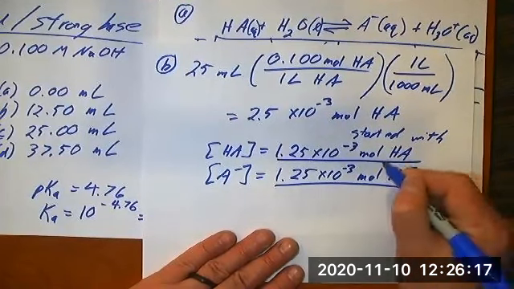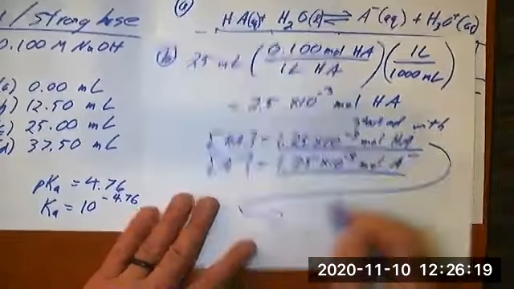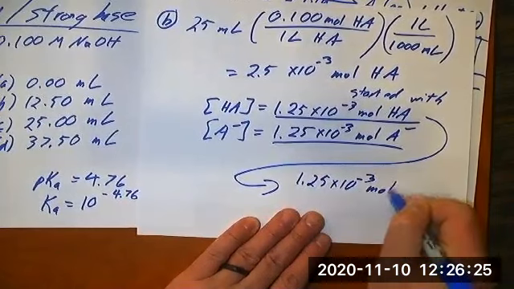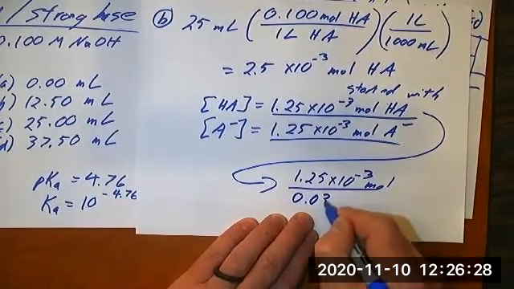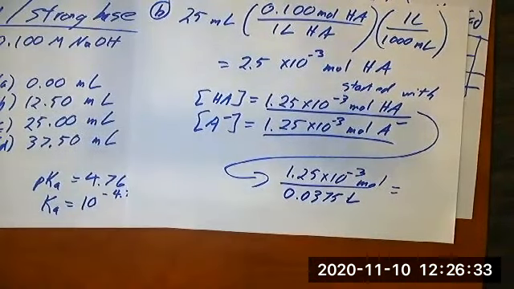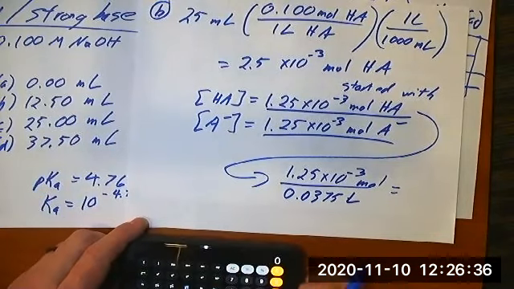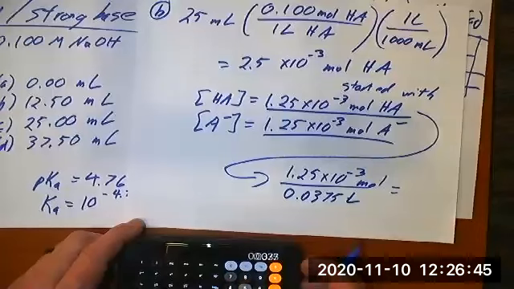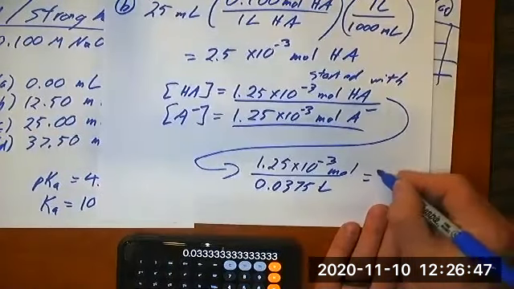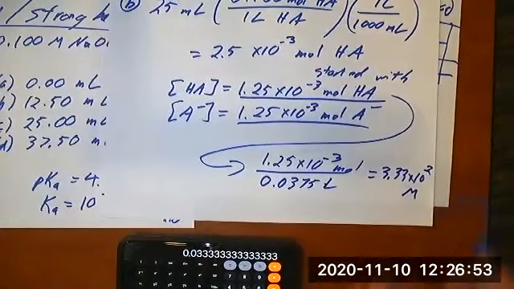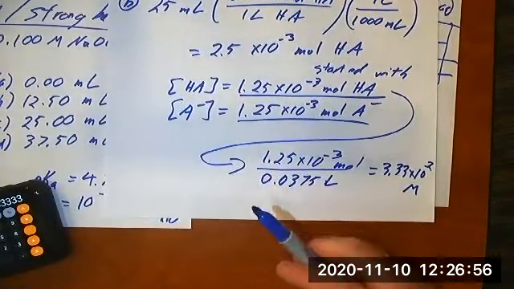So 1.25 times 10 to the minus 3 moles over 0.0375 liters gives us 3.33 times 10 to the minus 2 molar in each of HA and A minus.